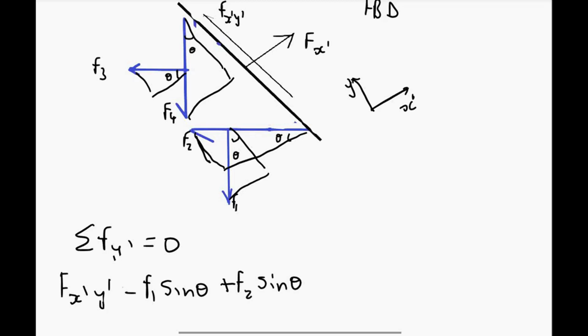We have F4 cos theta, but moving in the downward direction, the component. And F3 is also moving in the upward direction, so F3 sine theta.